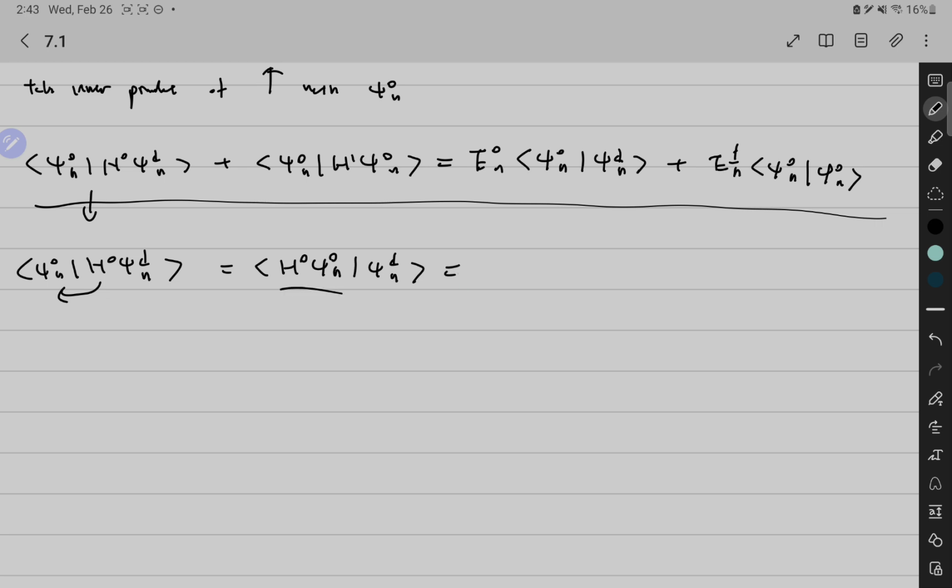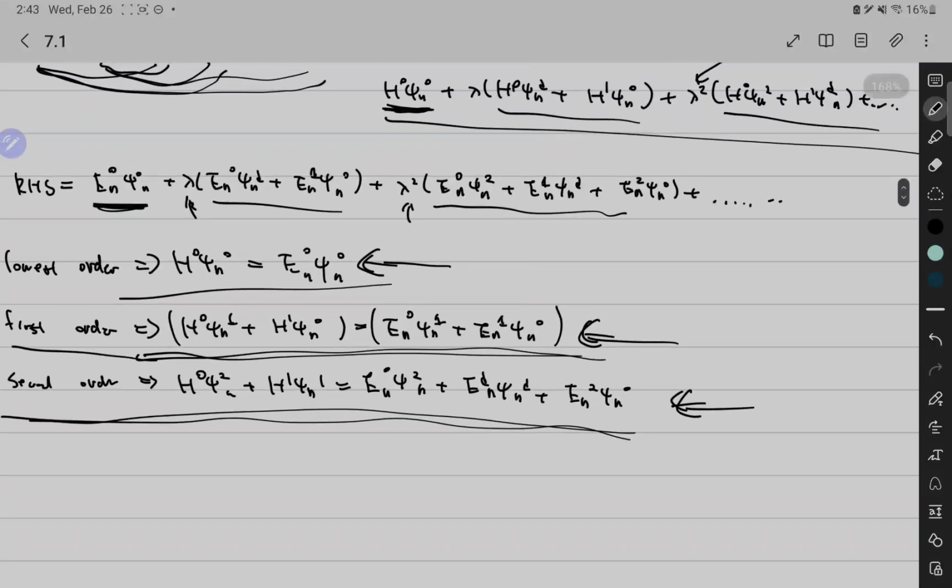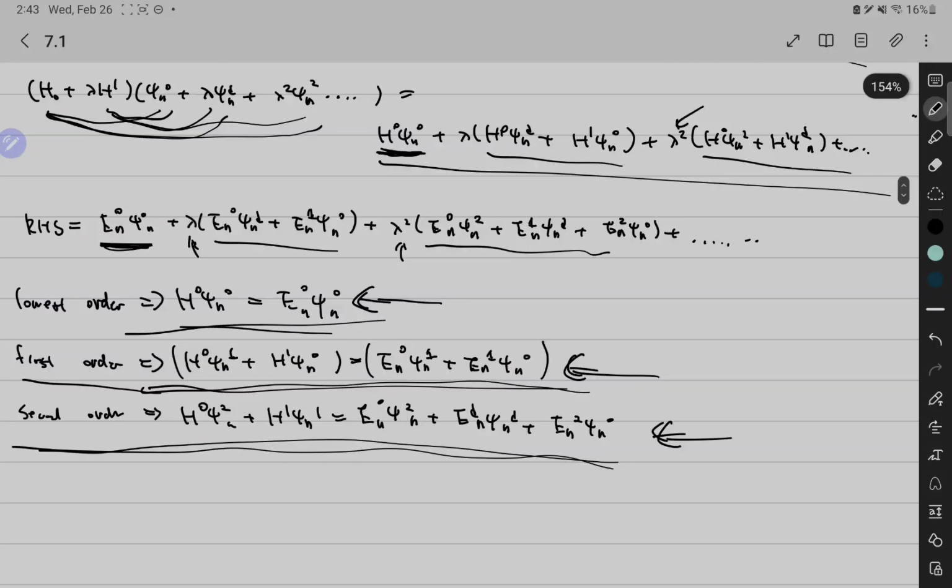And now we have this, right? If you recall from the Schrödinger equation, H psi is equal to E psi, right? So in this case, H0 psi 0n is just going to be E0n psi 0n. So this is the unperturbed Schrödinger equation, the equation that we had in my previous video.